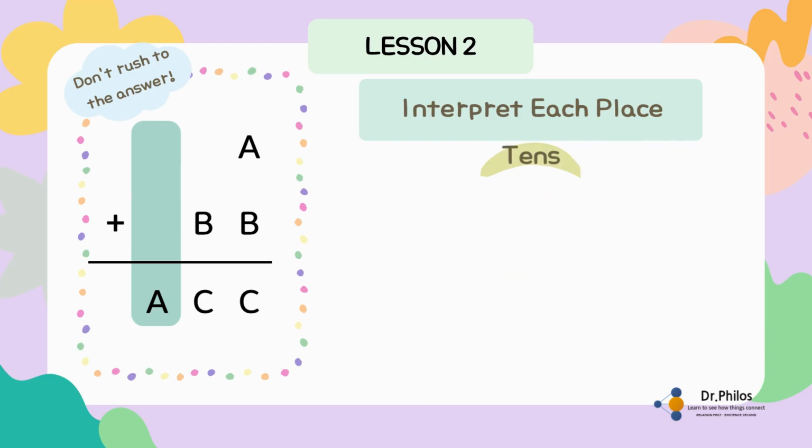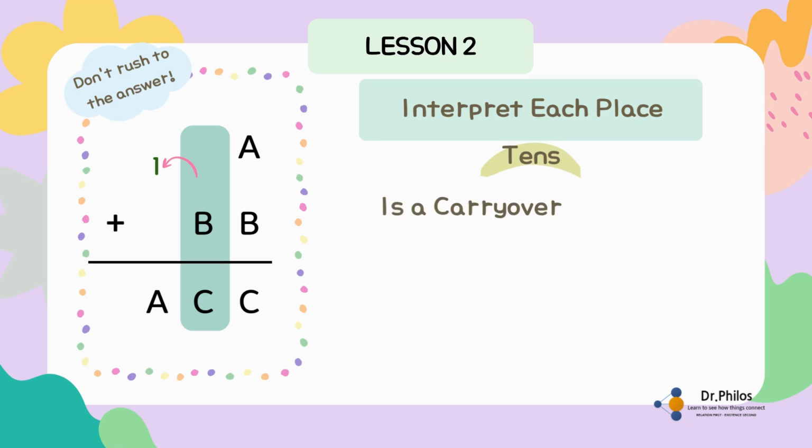Now, let's interpret the tens place. You just said there is a carryover from the tens place to the hundreds place, right? Yes. I said that. Is a carryover from the tens place to the hundreds place possible here? I'm not sure what your question means.